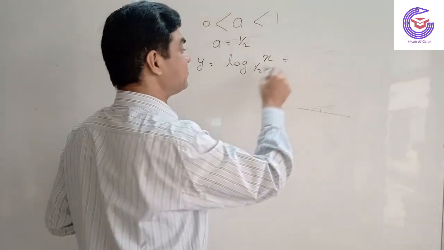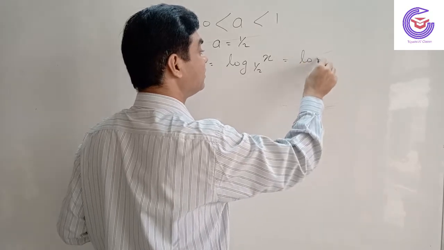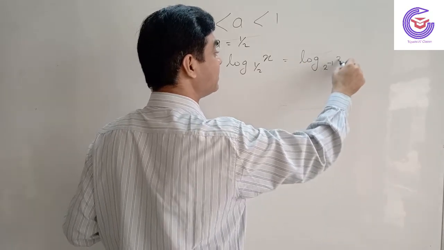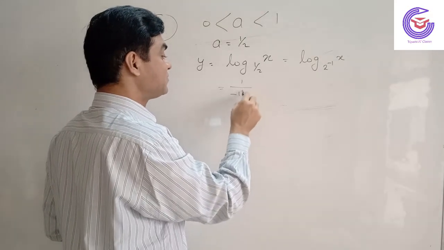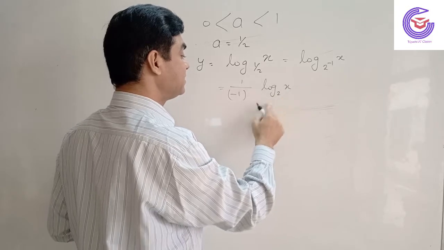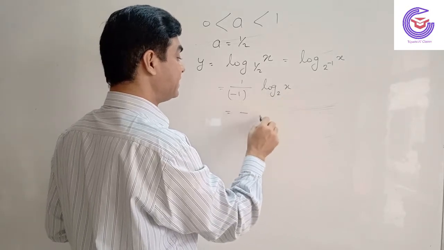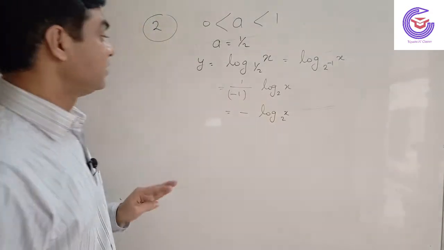You can write this as log x base 2 to the power minus 1. With the help of the property, you can write minus 1 log x base 2, that is nothing but minus log x base 2.